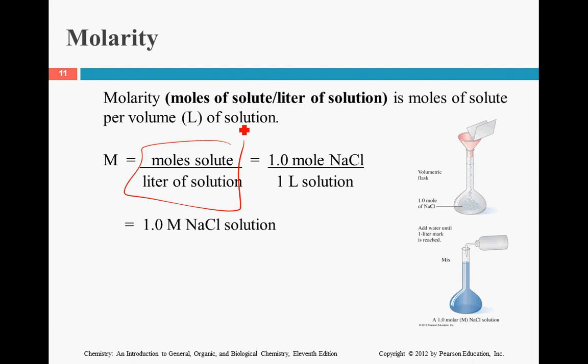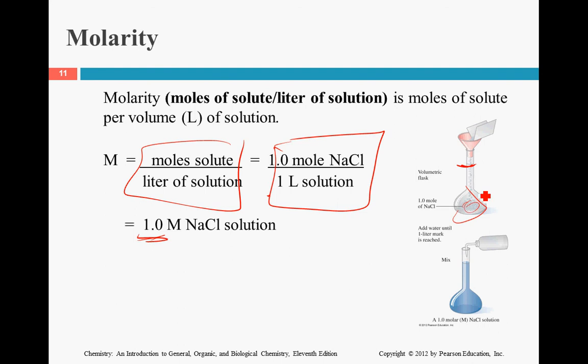So if we have 1 mole of sodium chloride in 1 liter, 1 divided by 1 is 1. In this particular situation, this is called a volumetric flask. It's extremely accurate. You see this line here? That's telling the scientists how much water to put in. So that way it's the perfect molarity.